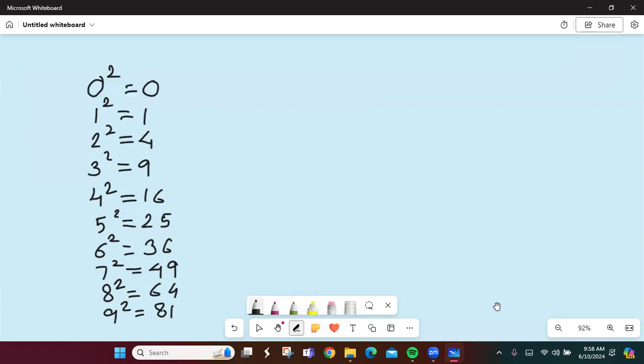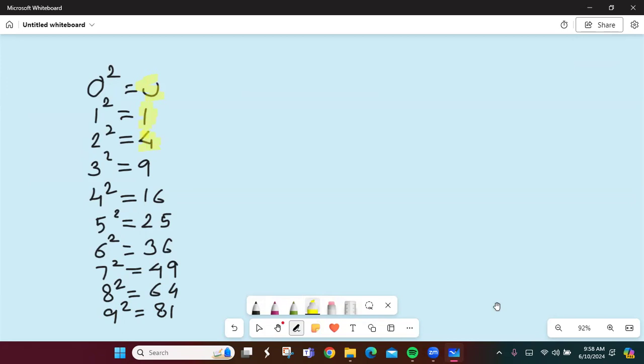Now, why have we made this table? Because this tells us that if a number ends with 0, its square will end with 0. Similarly, if a number ends with 1, its square will end with 1. A number ending with 2, the square will end with 4.